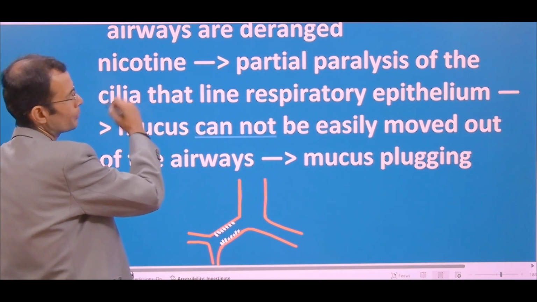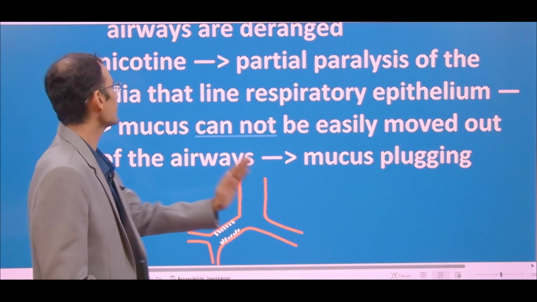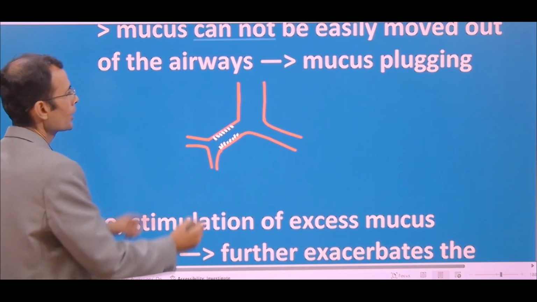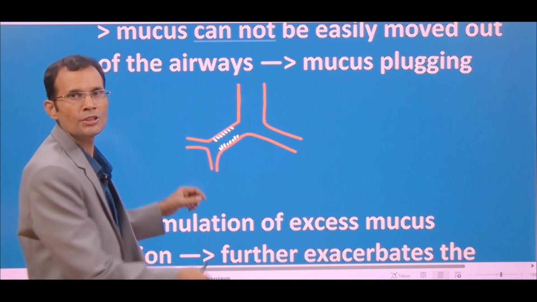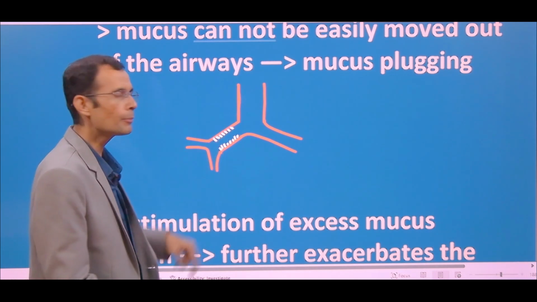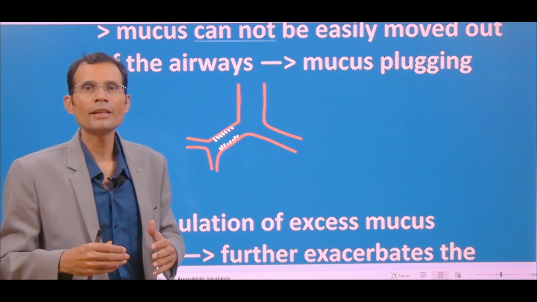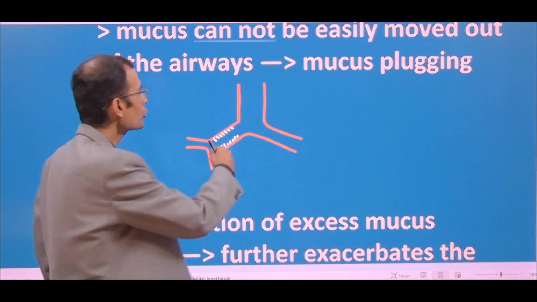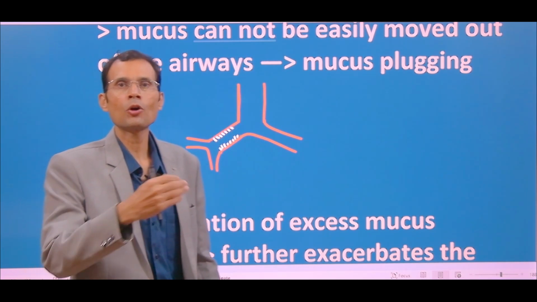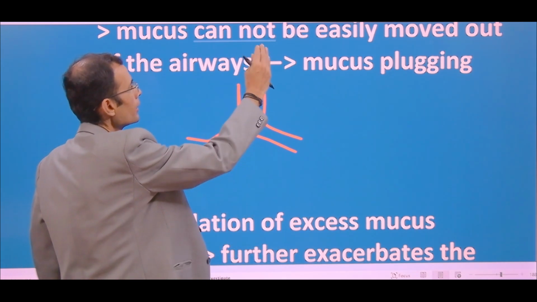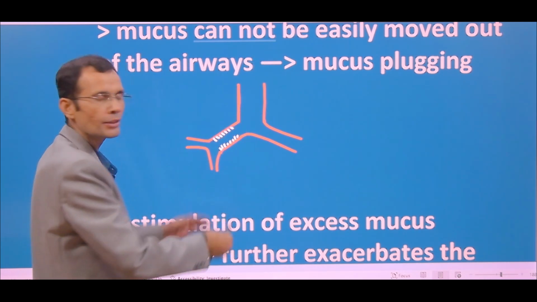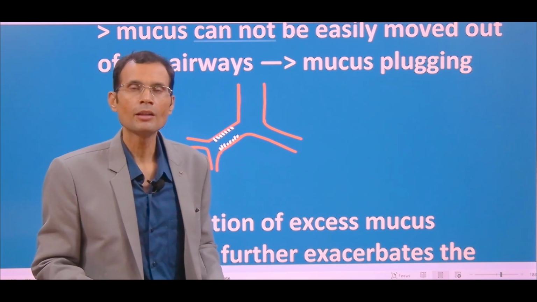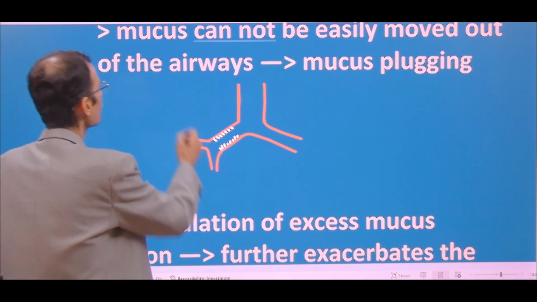Because of the nicotine, there is partial paralysis of the cilia that line the respiratory epithelium. You can see here the cilia which are lining the respiratory epithelium, and normally they act as a defense mechanism. They move and they throw away the particles or the smoke, and they are not allowed to reach the alveoli. But if the cilia are paralyzed, then the defense is breached.